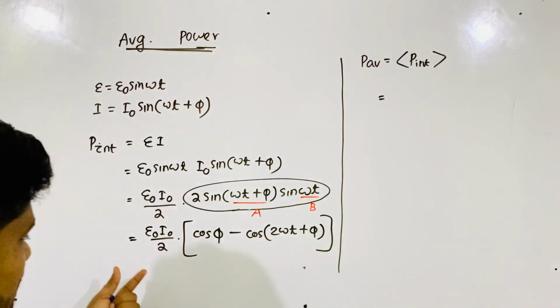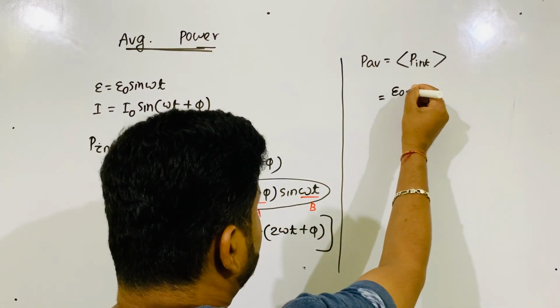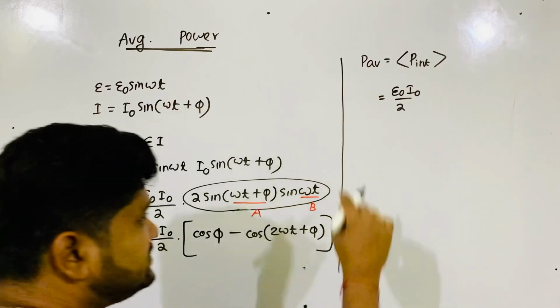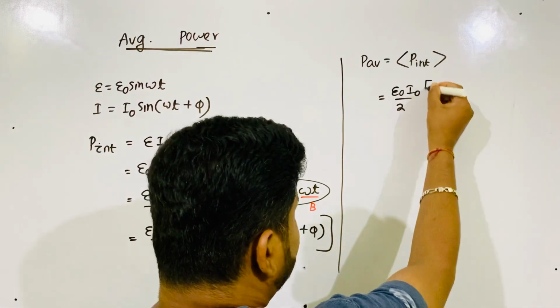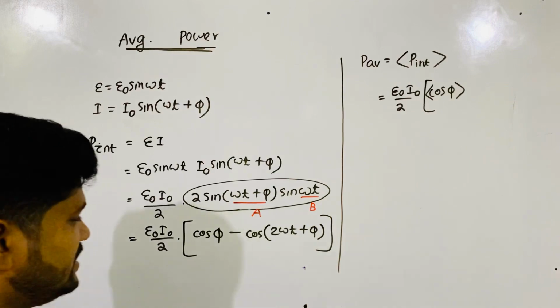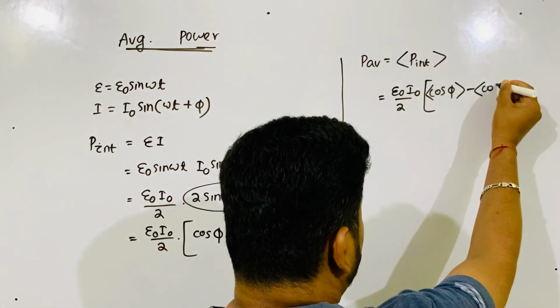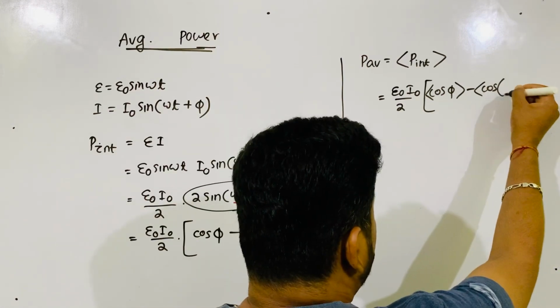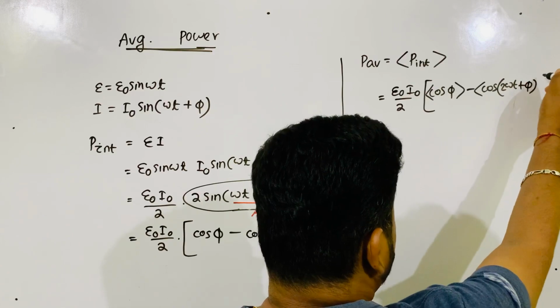So now you take its average: E naught I naught by 2 is constant, then average of cos phi, minus the average of cos(2 omega t plus phi).